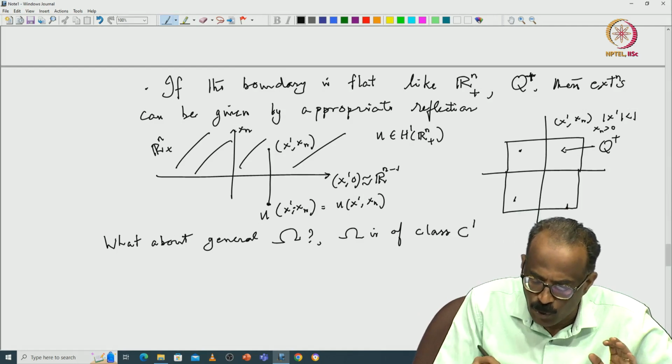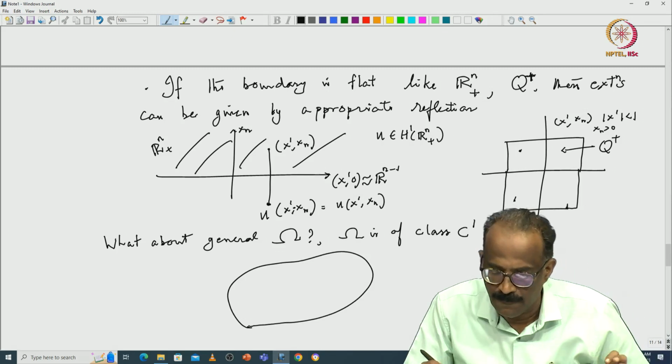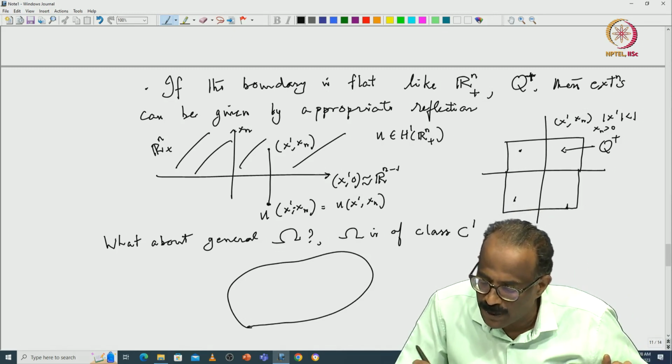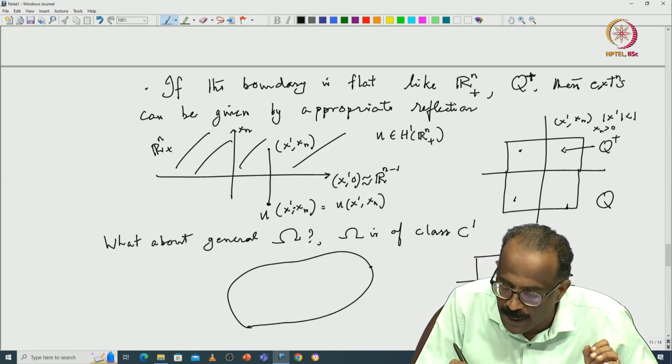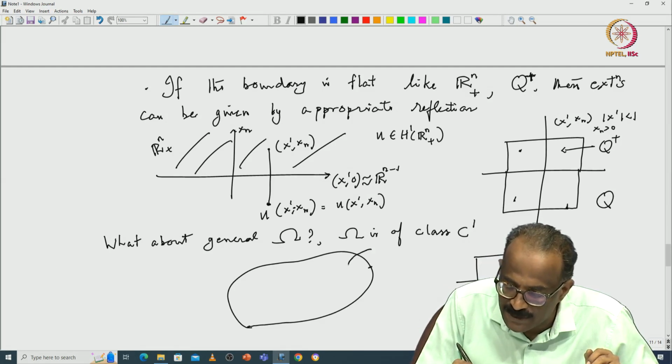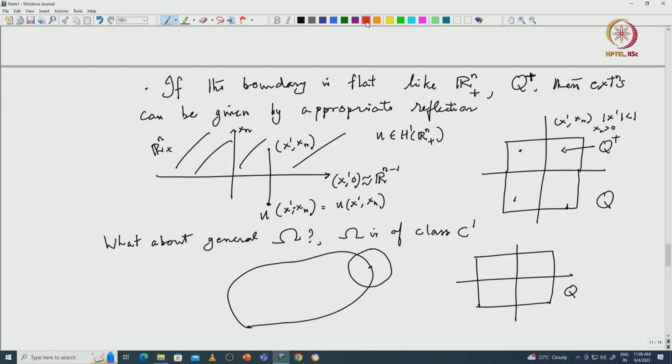You have your domain omega here, and you have your Q, the full domain Q. For every point on the boundary you are demanding the existence of some map, which should be a bijection, from Q to a neighborhood.